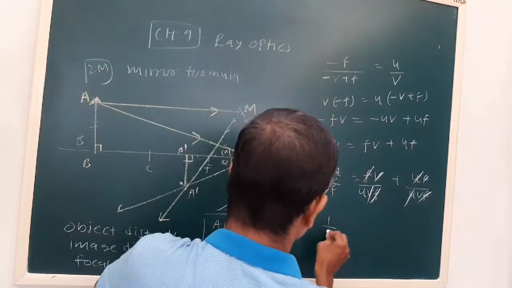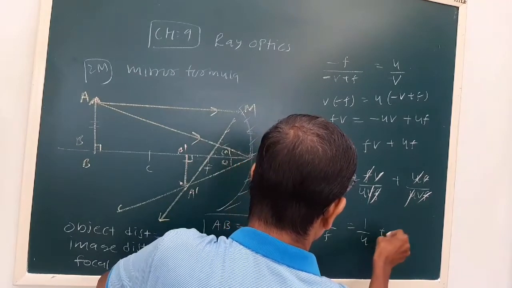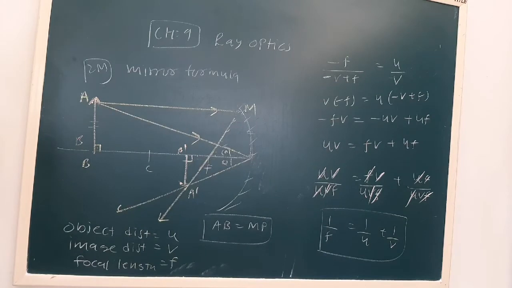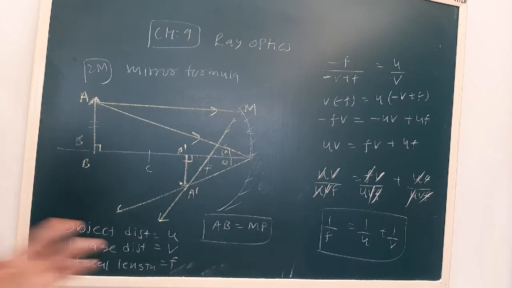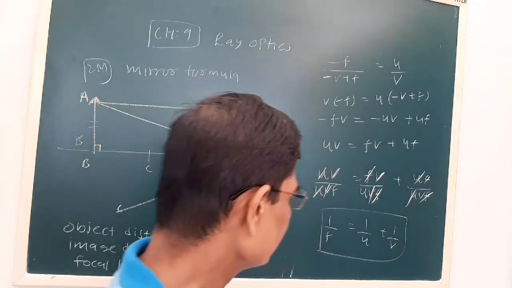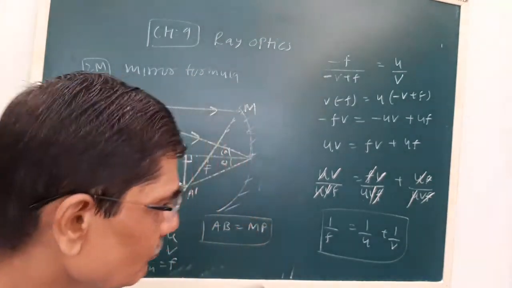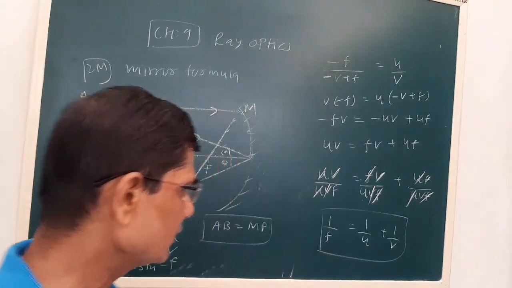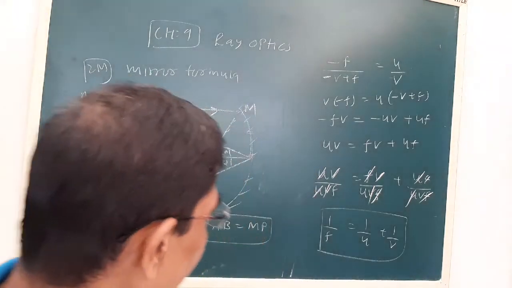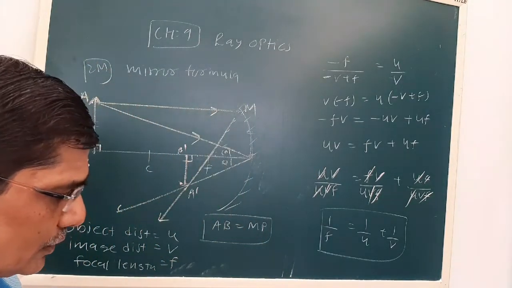So what is remaining? 1 upon F is 1 upon V plus 1 upon U. This is the mirror formula or Gaussian formula for the mirror. This is very interesting. It gives the relation between focal length F, object distance U, and the image distance V of a concave mirror.